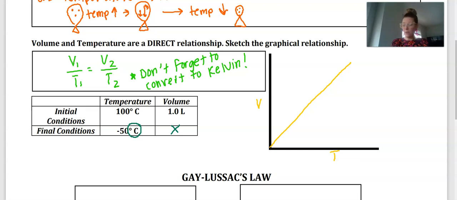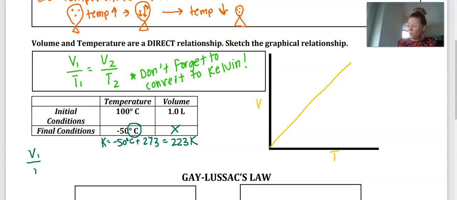So I do need to go ahead and convert that. So Kelvin is equal to negative 50 degrees Celsius plus 273, and that's going to give us 223 Kelvin.